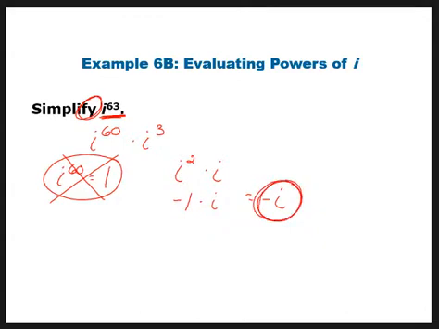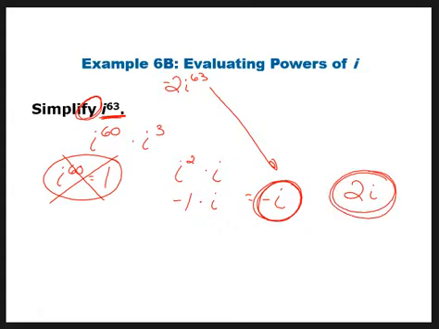For example, if this started out as negative 2i to the 63rd, I would just take this answer from i to the 63rd and multiply by that negative 2, and I would actually get 2i in this case. So once you convert it, it's just some basic algebra from there if you have a coefficient on your i.